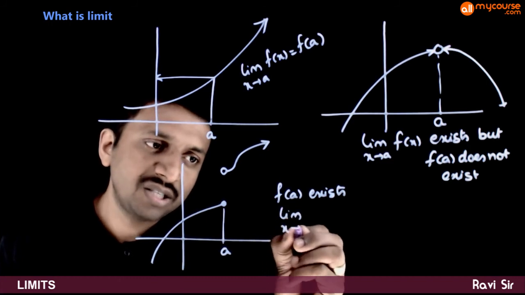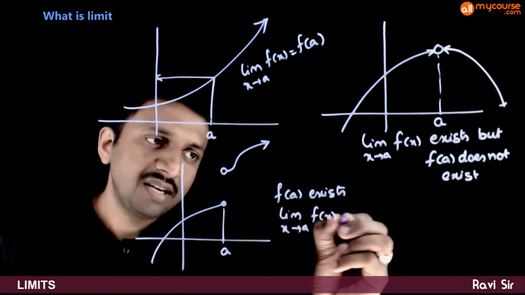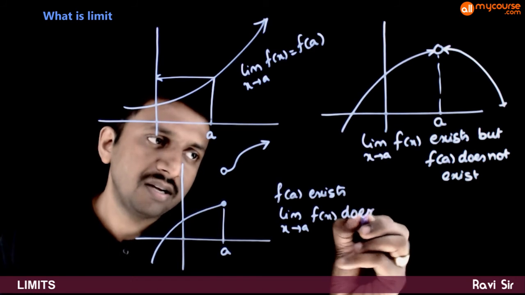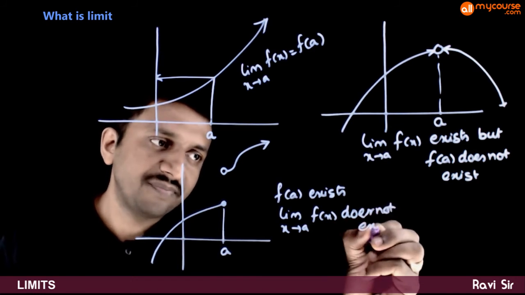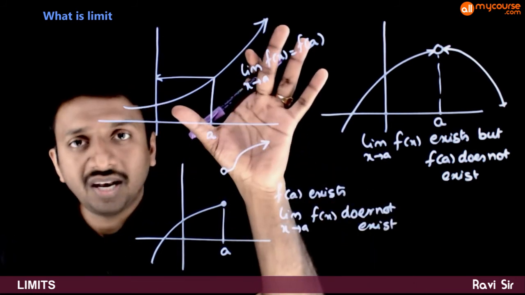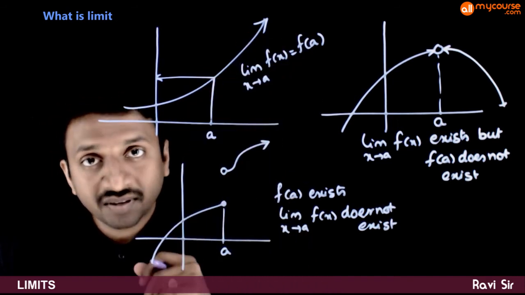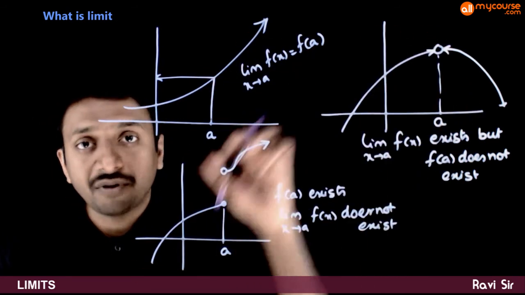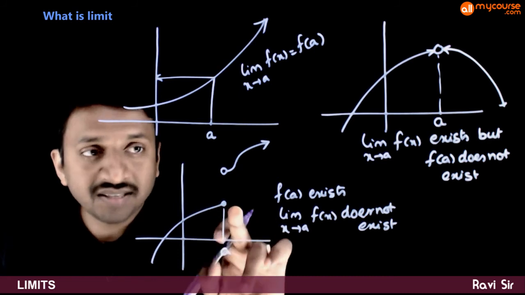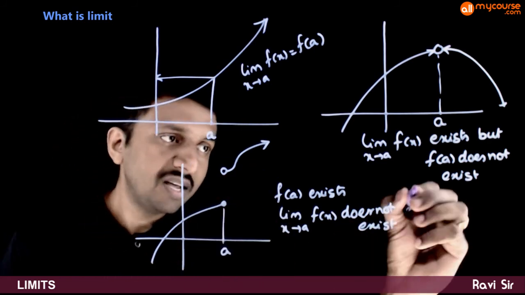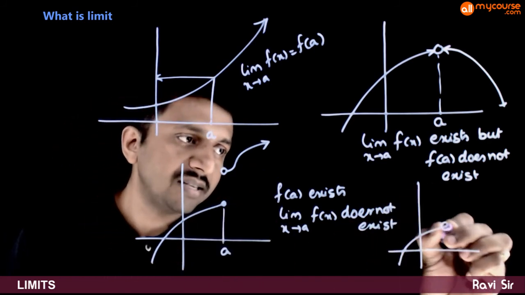So limit x tends to a f of x does not exist. So both limit and f of a exist and both are same. Limit exists but f of a does not exist. f of a exists but limit does not exist. And you can also have a case like this.